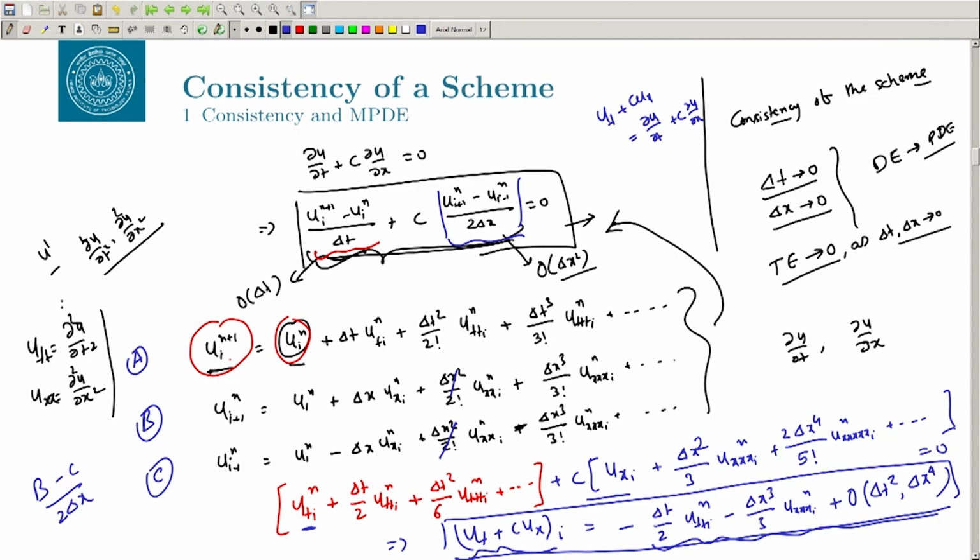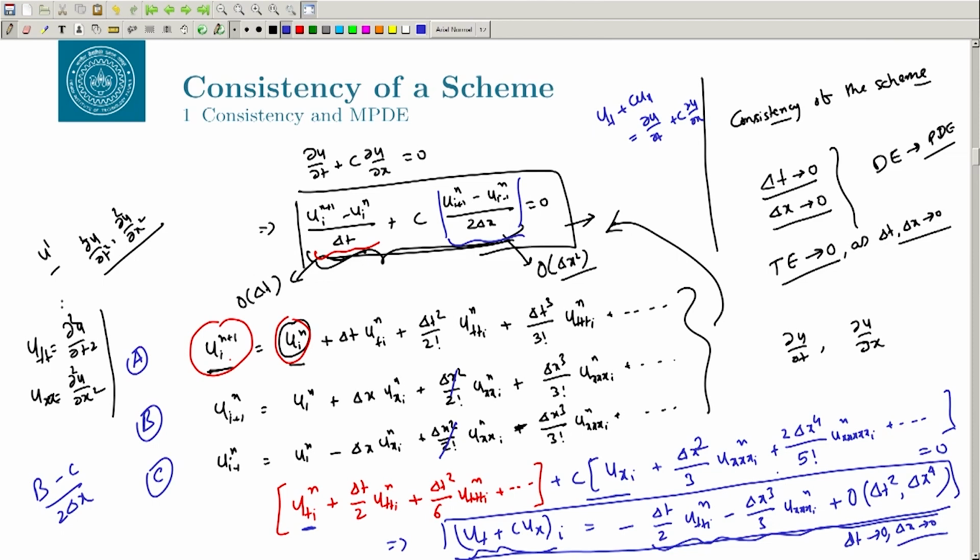For this particular scheme, when you take delta t tends to 0 and delta x tends to 0, you would see that the entire term on the right hand side goes to 0. That means the equation is consistent. So, our forward in time and central in space is a consistent scheme.